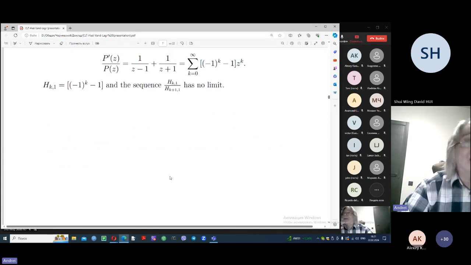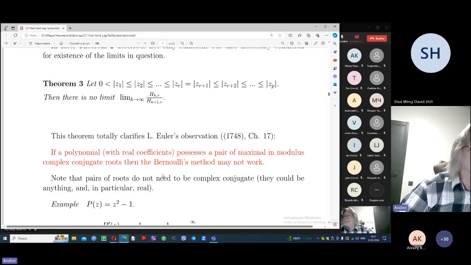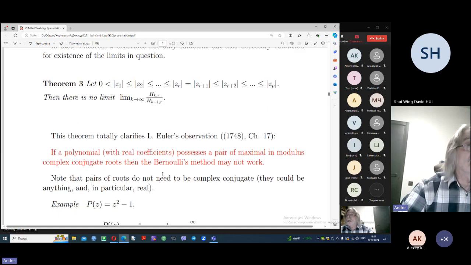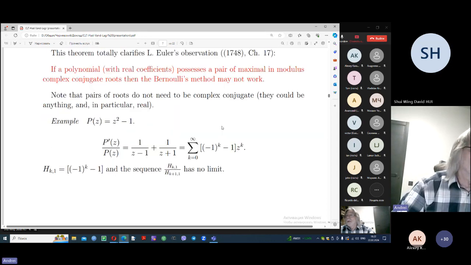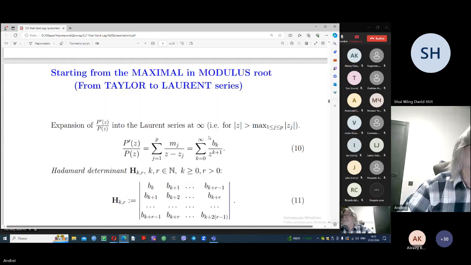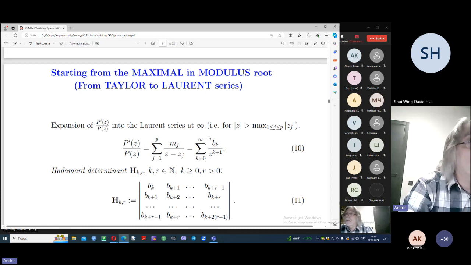So in this procedure I described a series of results that give us a possibility to calculate the roots of a polynomial starting from the minimal one. Similarly, I will also now tell about the procedure such that we can calculate the roots of a polynomial starting from the maximal one in modulus.